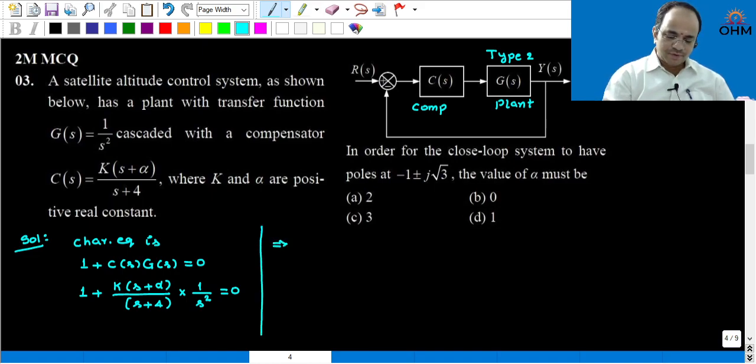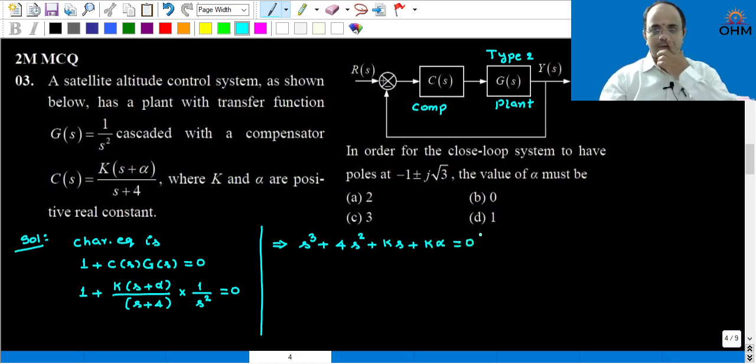Now from this equation you can simplify: s cube plus 4s square plus Ks plus K alpha is equal to 0.